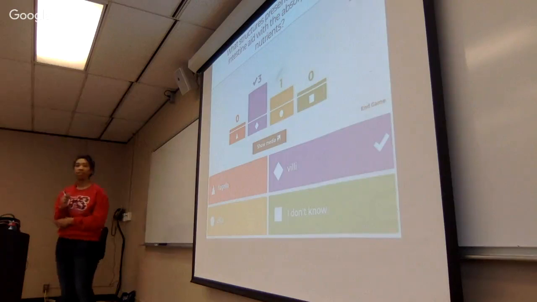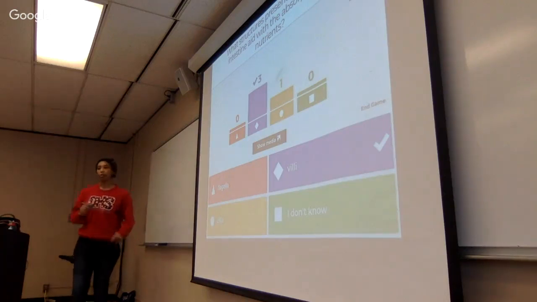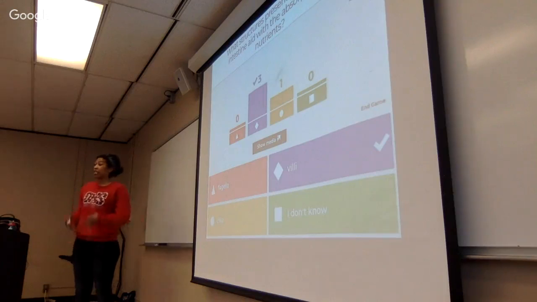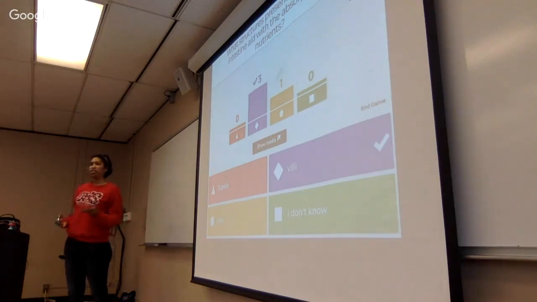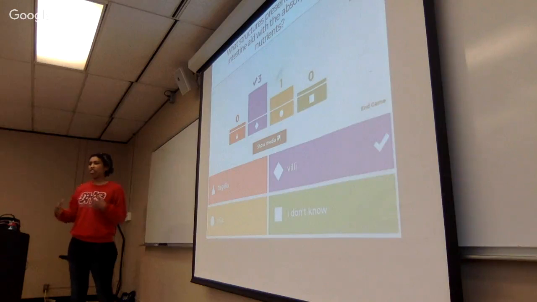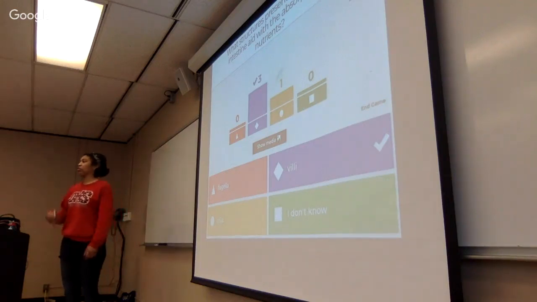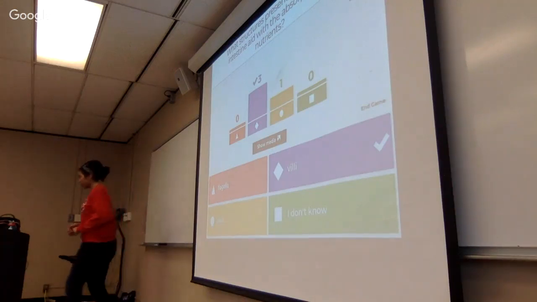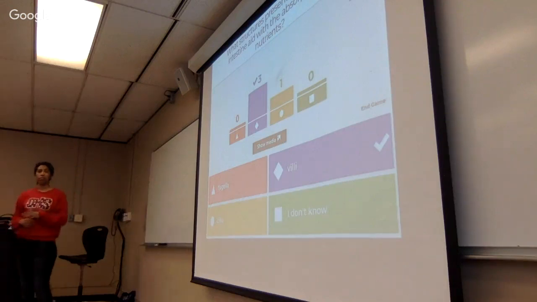Perfect. Awesome. Thank you, Aaron. So villi function in absorption, but they also function in increasing the surface area in the small intestine, right? It's something like the surface area in our small intestine is equal to a football field, okay? So a lot of surface area there, a lot of absorption. And villi are what make that possible.